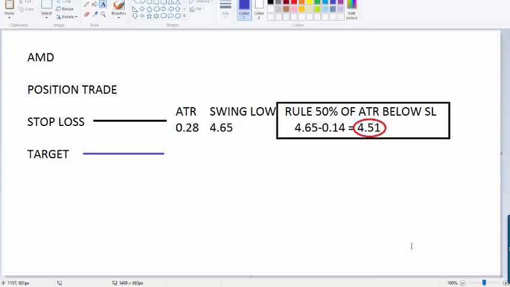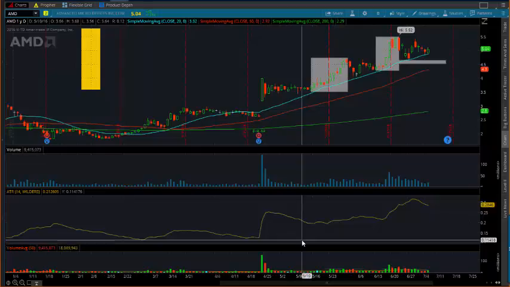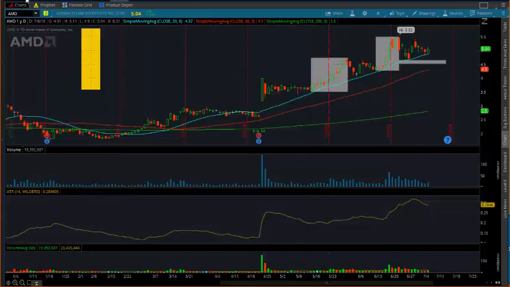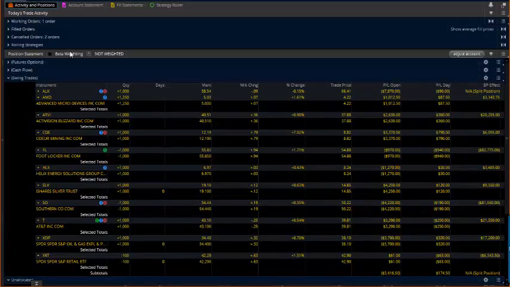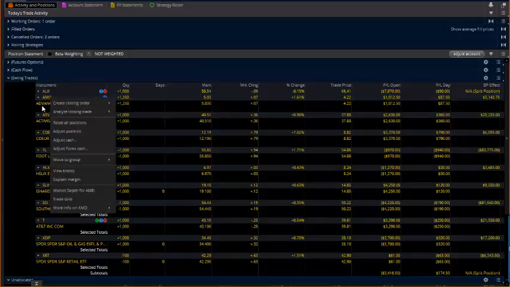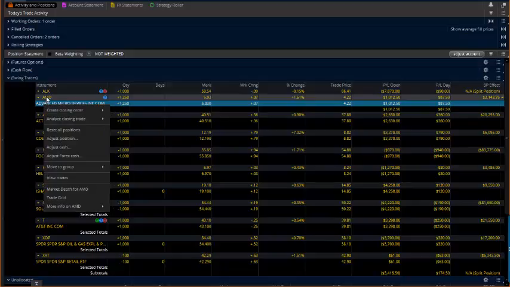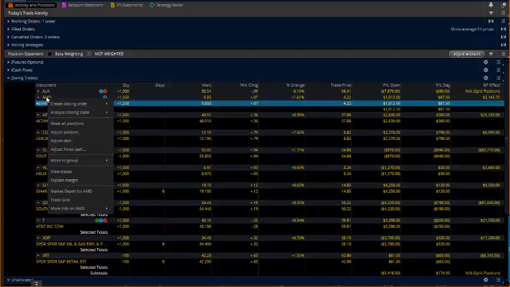So, 4.51 and 5.85. From the monitor tab, right click, not a left click. If you're a Mac user, that's a command click. Create a closing order, and you want to use the OCO bracket.